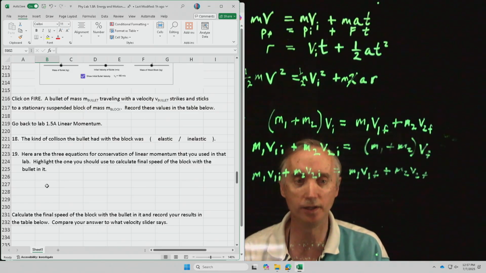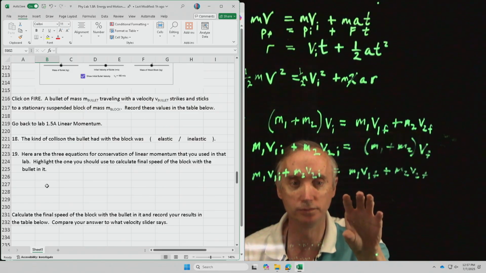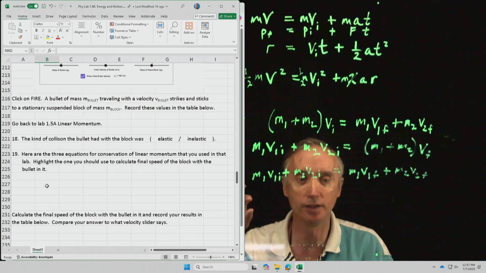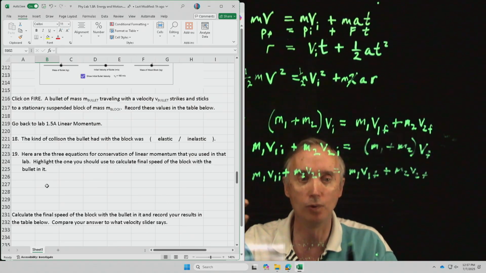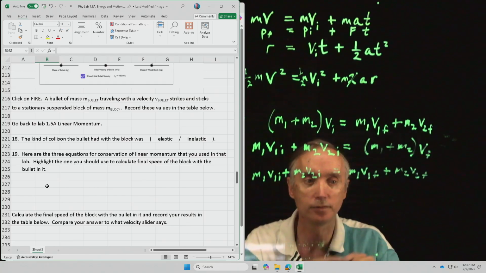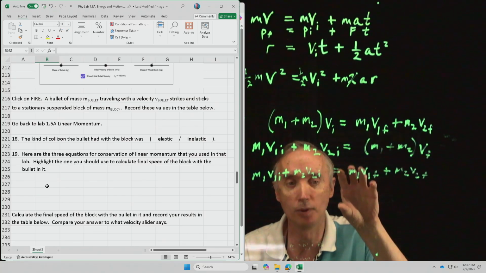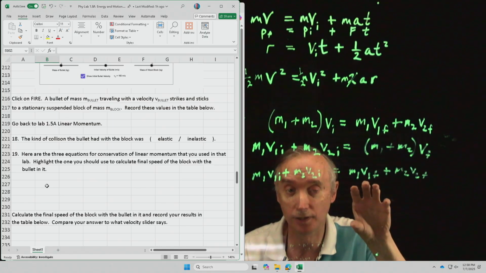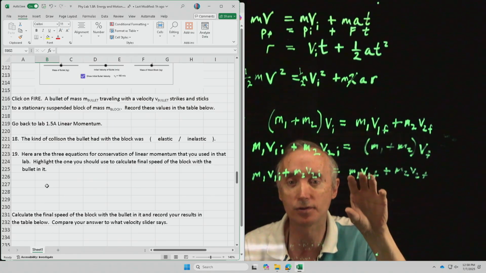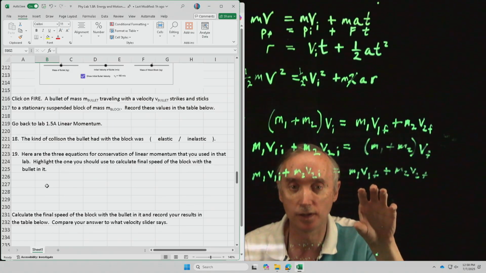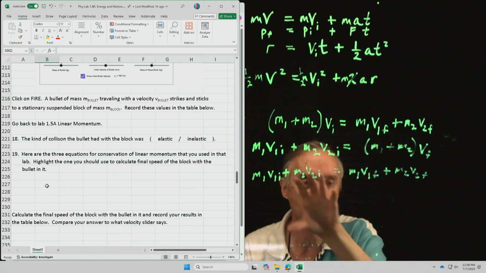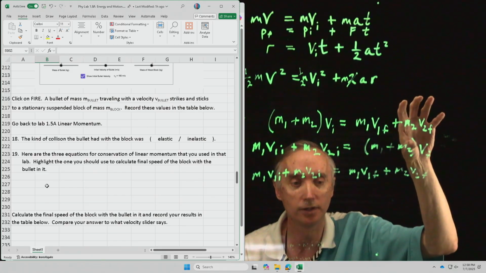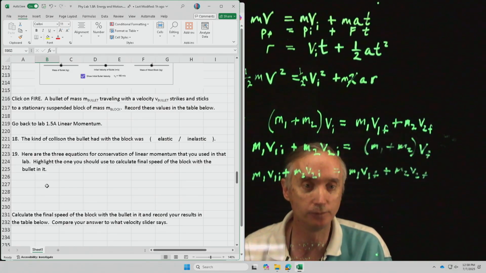Initially the block's not moving, but the bullet is, so that bullet has momentum. When it hits the block, the block now has a new mass, and it's going to have a certain speed. That's the reason the block is going up into the air, because it's got speed now.